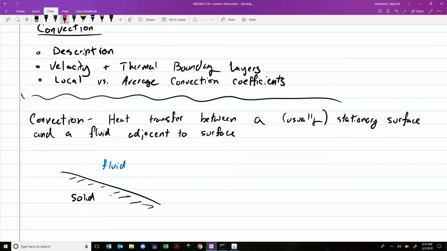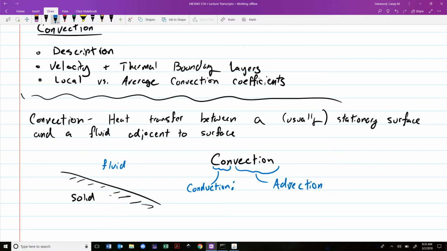So what goes on in convection is really two different mechanisms, okay? And we can see those by investigating the name convection. If we take this first part, right, this is sort of a clue that there is both conduction, and the second part tells us that there's this thing called advection.